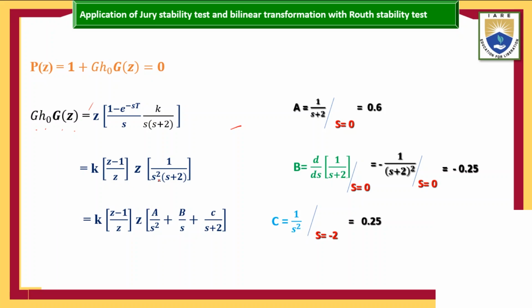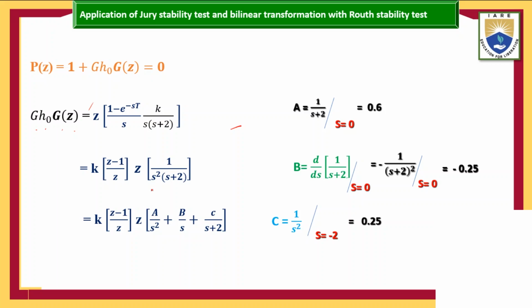Coming here, we already saw the basic terms. It is a function with 3 components, so I am taking the partial fraction of that one. That is a by s square plus b by s plus c by s plus 2. Why?